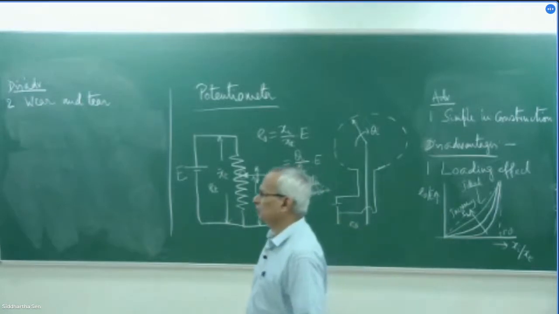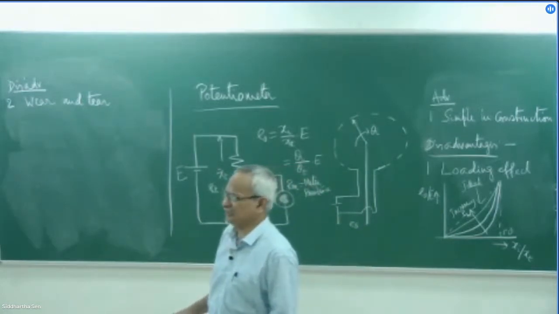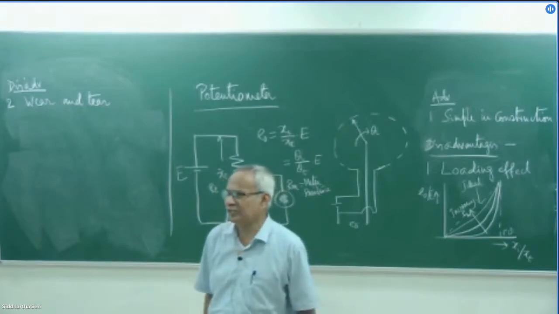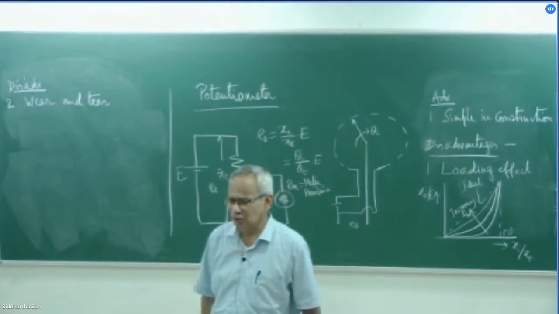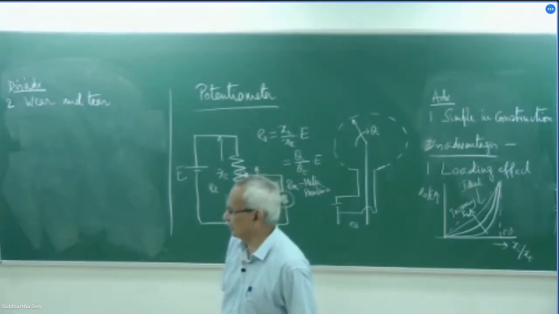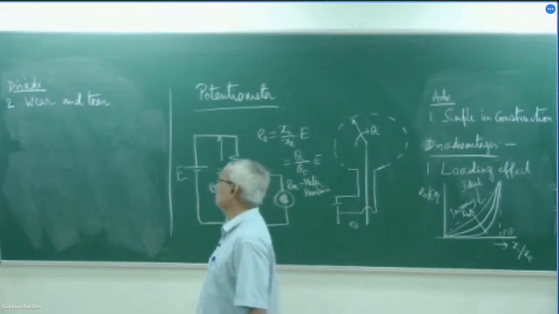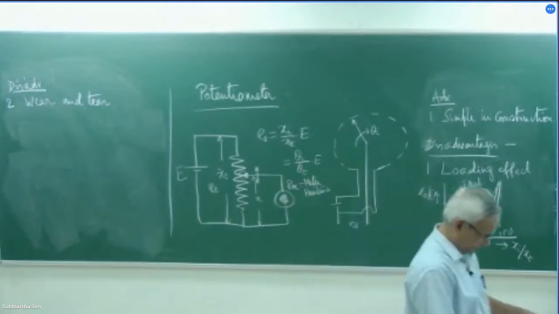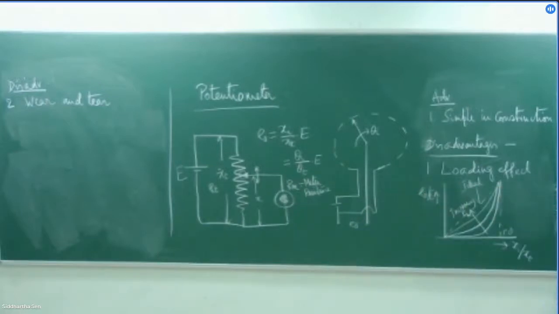For a simple lab circuit you can use it, but in an industrial situation it is not preferred. So I will not discuss it further. It is simple in construction, but not preferred because of the wear and tear.